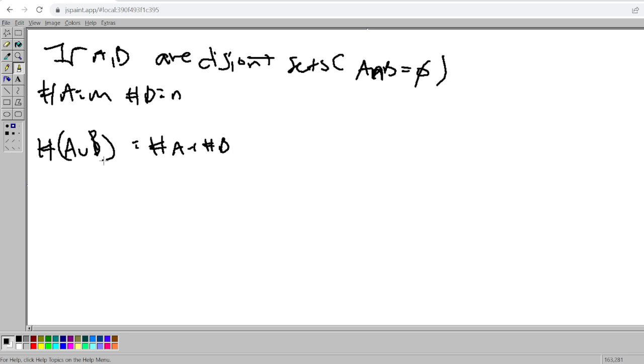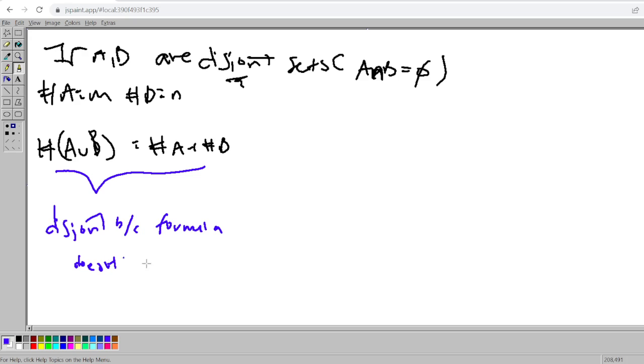Now, why do we have to specify that they're disjoint? It has to be disjoint because the formula does not account for shared elements. Let me explain what I mean.